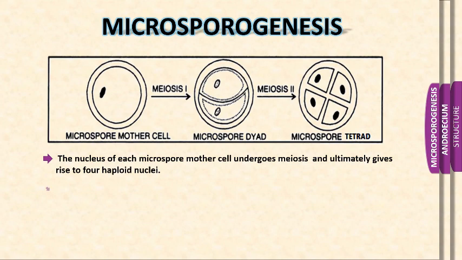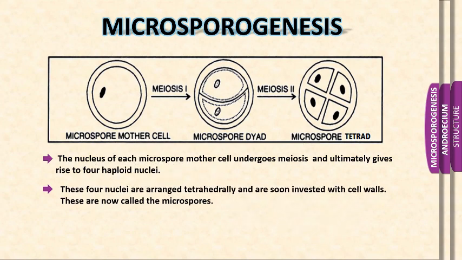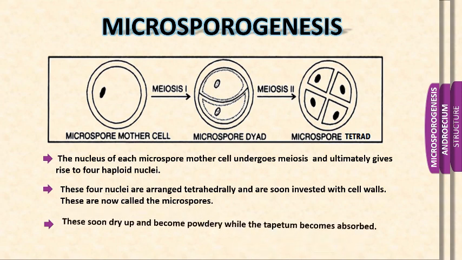These are known as the tetrad of the microspore. After some time, these four nuclei will be invested with cell wall and convert into microspores. Still, these cells will remain attached. After some time, these cells will dry up and convert into powdery form.